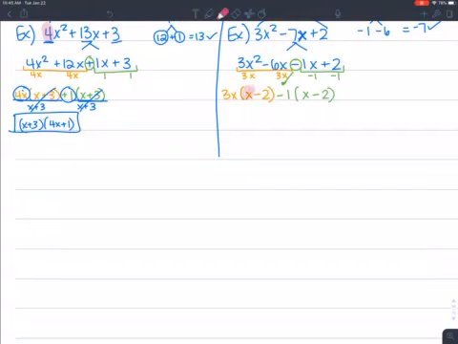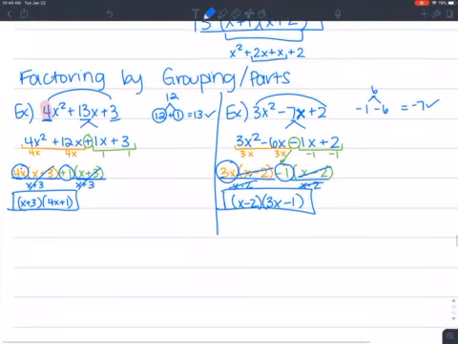Hey, I did what I wanted. I have the exact same thing on the inside. So using that, I can then say that they both have an x minus 2. And if I divide by x minus 2 and x minus 2, then that cancels, and I'm left with 3x minus 1.